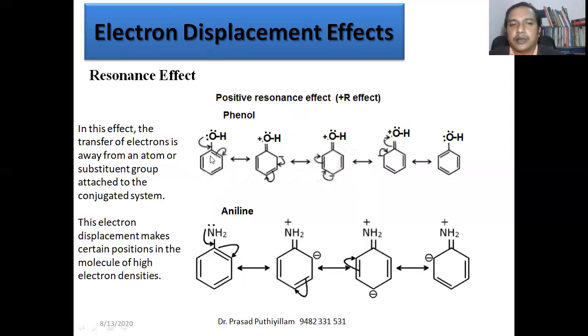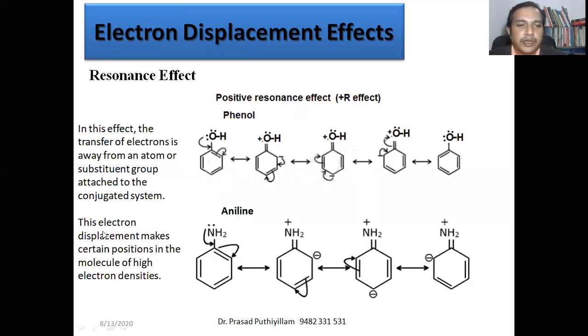The benzene ring represents the conjugated system, and the electron movement is from the atom or group of atoms attached to the conjugated system. Here it is the hydroxyl group in case of phenol, and the NH2 group in case of aniline. Electron movement is away from the atom or group of atoms. Therefore, we call it plus R effect.